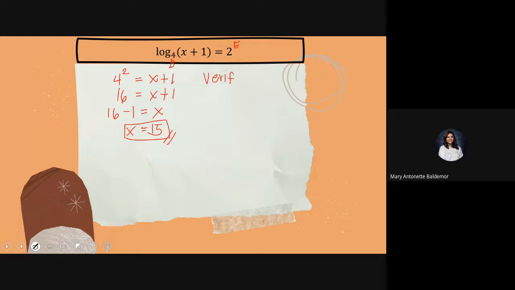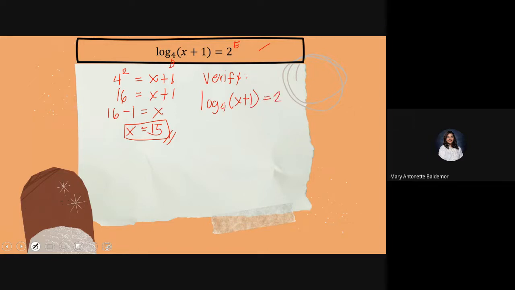we can verify our answers if it is correct. So we can substitute the value of x to the logarithmic equation. To check, you can use your calculator. So we have the logarithm of x plus 1 with base 4 is equal to 2.